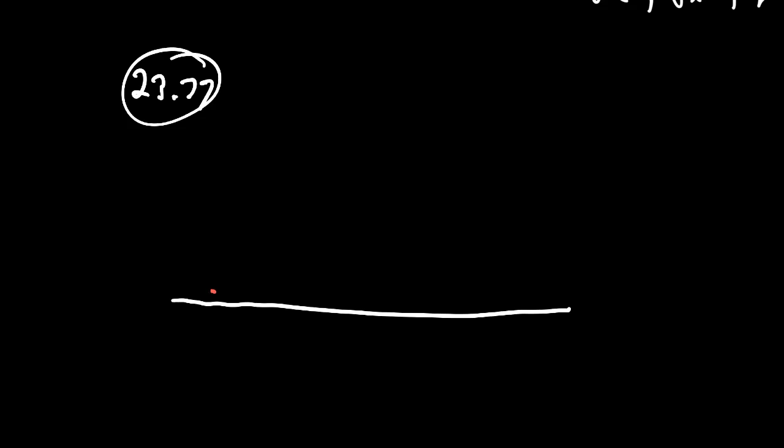We've got a negative charge q, a negative charge q, and then at the very middle we have a positive charge 2q. And then we want to know the electric field some distance above this.